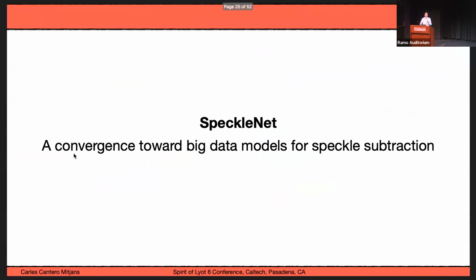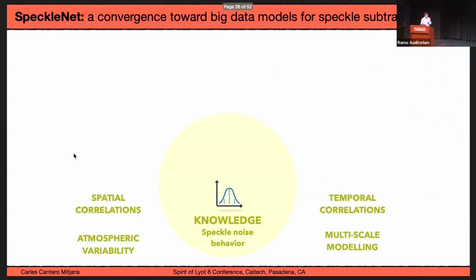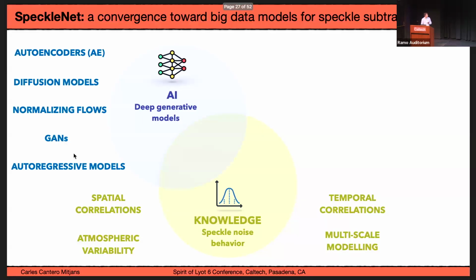There is a convergence, we can call it, of three pillars that SpeckleNet uses. The first pillar is knowledge: 20 years of knowledge about how this speckle noise is distributed, spatial correlations, temporal correlations, atmospheric variability, and how it changes. The second, and maybe the most important pillar, is that now we have the technology.